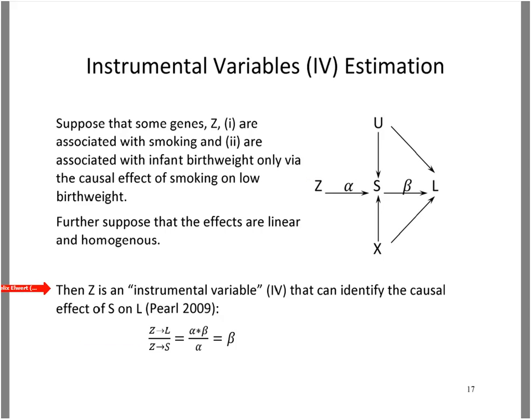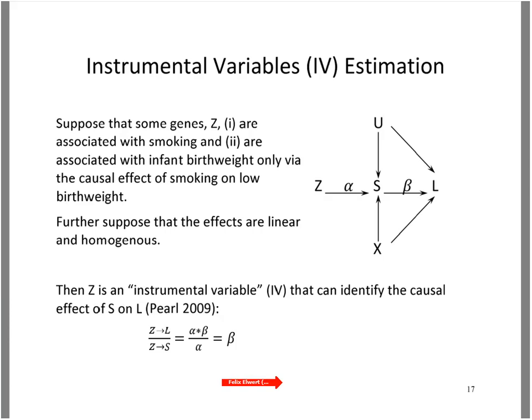And the idea is that we can identify two causal effects here. We can identify the causal effect of the genes on low birth weight, right? That's just the path alpha times beta in this DAG. And we can identify the causal effect of genes on smoking, which happens to be just alpha.